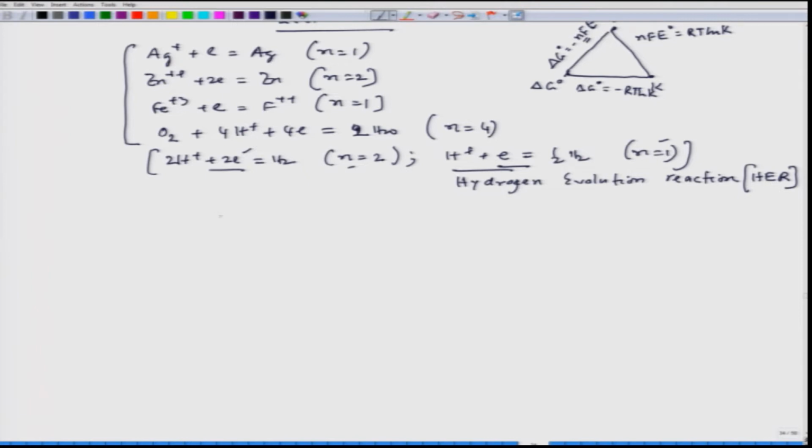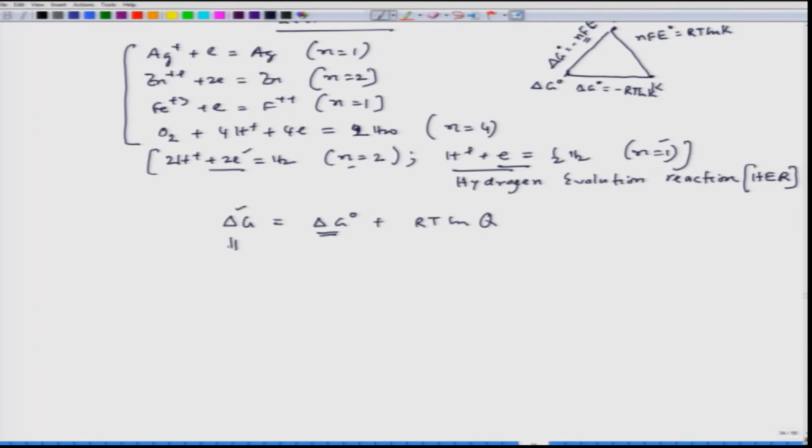Now, let us start with this. Since we cannot write K because we are taking non-standard values, we write Q, the reaction quotient. And this will be standard when this goes to equilibrium, and at that time Q becomes K, and this becomes my standard change in free energy.